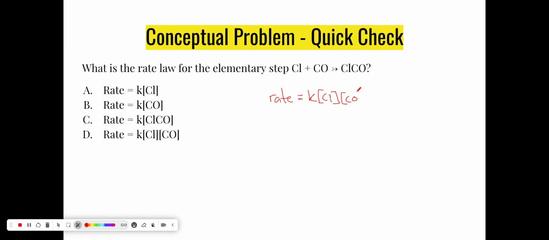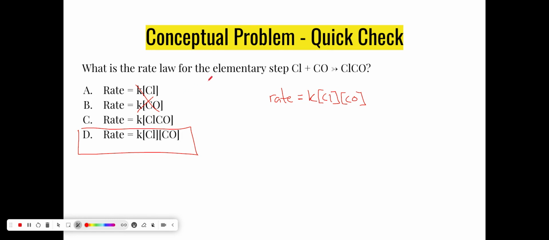So I'm going to say chlorine times CO. I don't have to raise chlorine or carbon monoxide to any power because there's only one of each reacting. Notice I'm not including the products because we don't include products in a rate law. And then A and B don't have them together, so I'm not going to include those. C is about the products, so our answer must be D. And of course that matches what we wrote there.